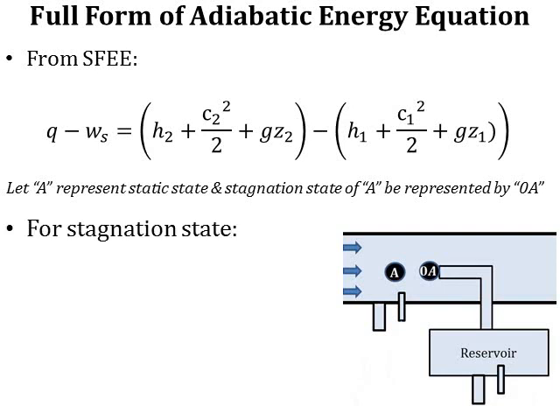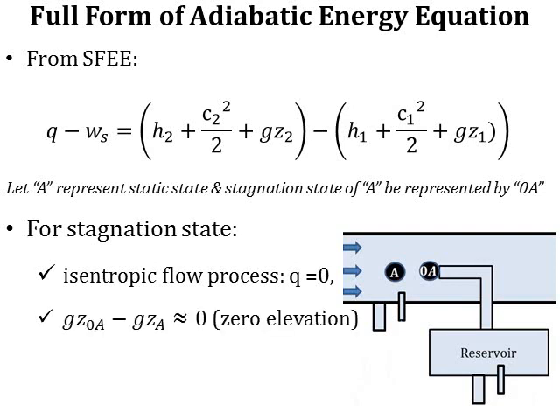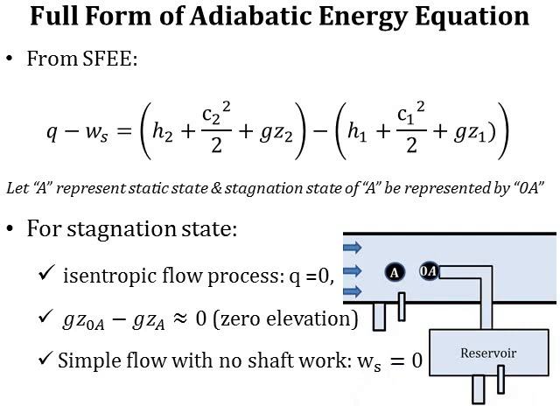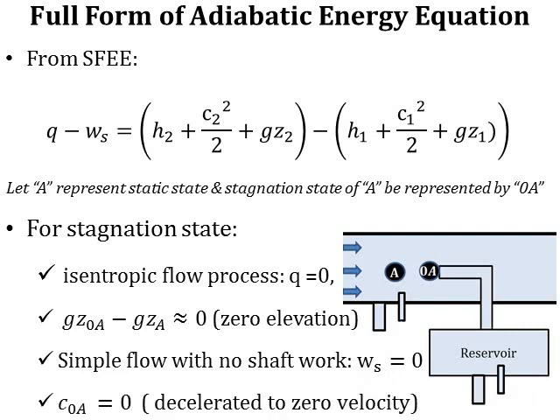For a stagnation state, we know that the flow is an isentropic process, so Q is equal to 0. There is no heat transfer. It's an adiabatic process. The elevation is the same, so the energy terms related to elevation get cancelled off. It's a simple flow through a 90-degree bent pipe, so the shaft work is also 0.